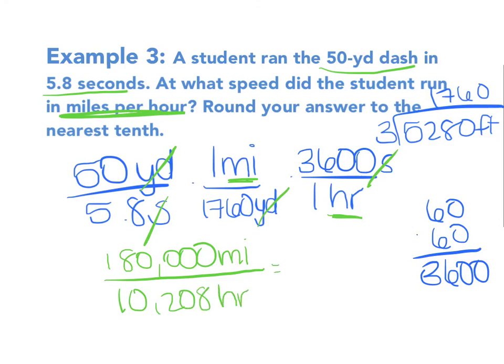And now I'm just going to divide those two numbers to simplify it even further. So 180,000 divided by 10,208 is approximately 17.6. So this student was running 17.6 miles per hour. And you can also write that as MPH.